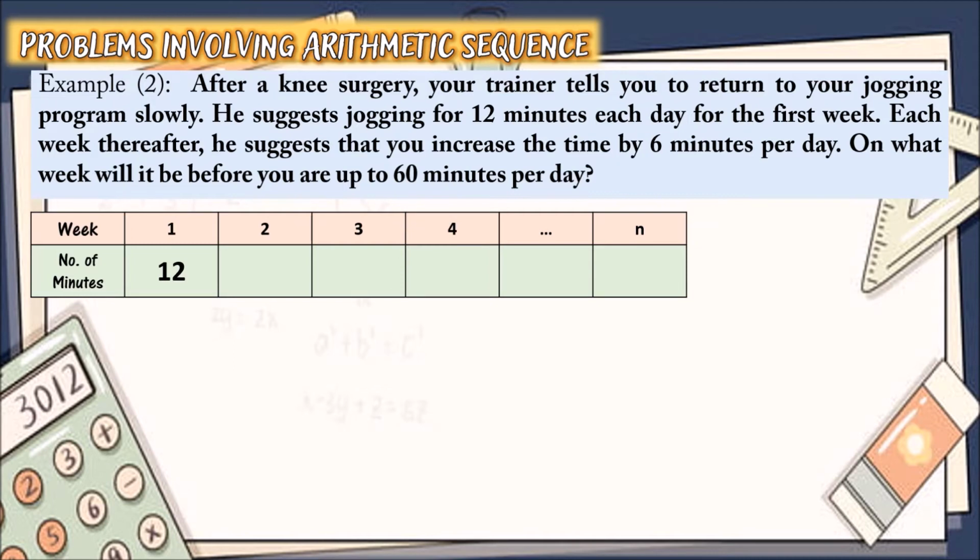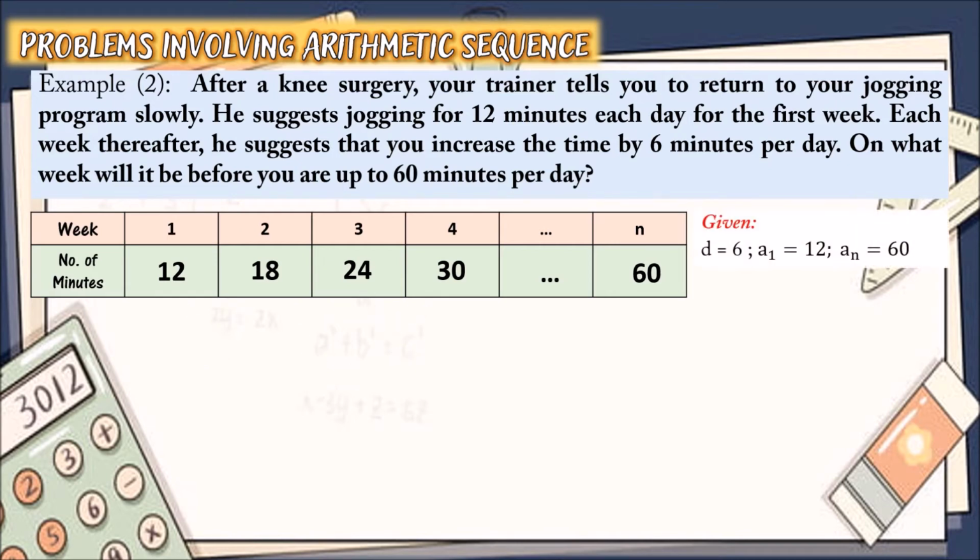At sabi rin sa ating problem na sinasuggest ng trainer na mag-a-add tayo ng 6 minutes every week. So 12 plus 6, we have 18 for the second week. 18 plus 6, we have 24 for the third week. 24 plus 6, we have 30 on the fourth week. And so on and so forth hanggang 60 minutes per week.